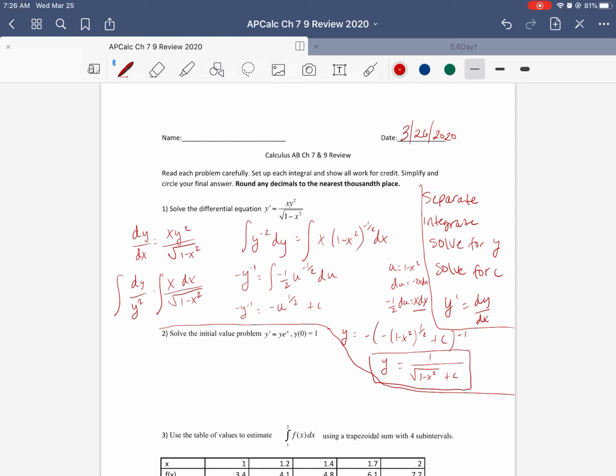The second one is an initial value problem. Here we have information so that we can actually solve for our c value.